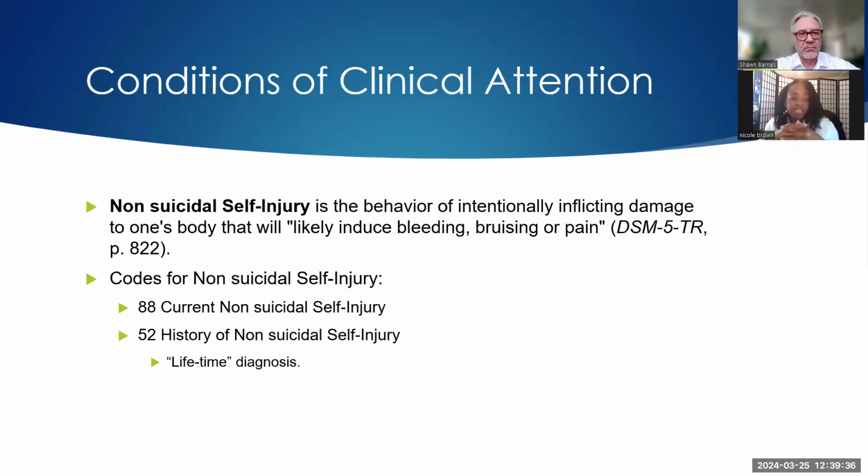A differential would be some type of anxiety disorder. But the 52 is a history of non-suicidal self-injury. That is a lifetime diagnosis that stays with the client. But the 88 talks about self-injurious behaviors without any suicidal ideations or attempts connected to it.